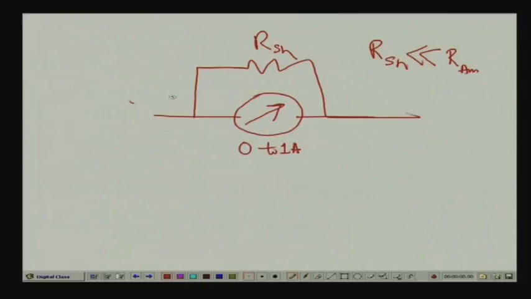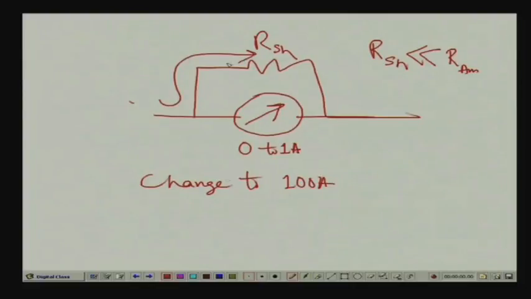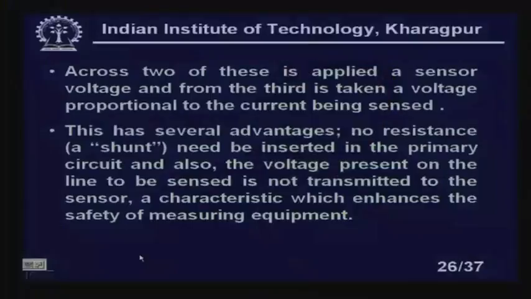So, if I want to measure 100 ampere, most of the current will pass through the shunt and a small current will pass through the ammeter. Again the same problem, this shunt and all the business is not necessary in this particular case.